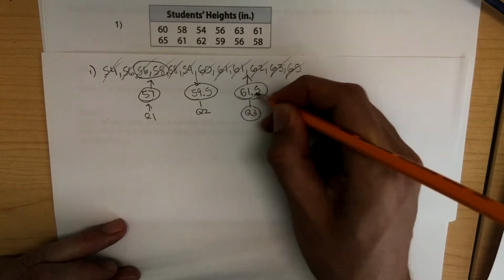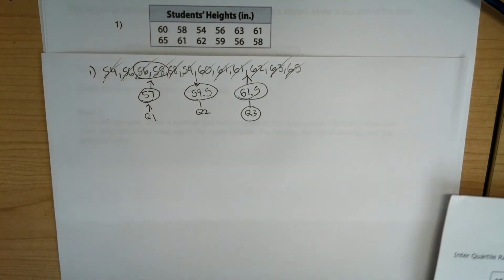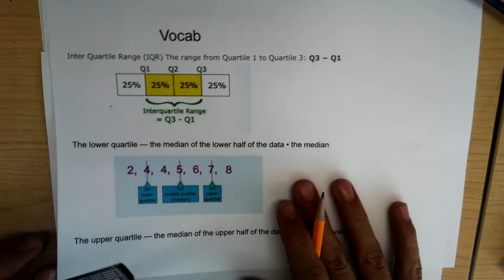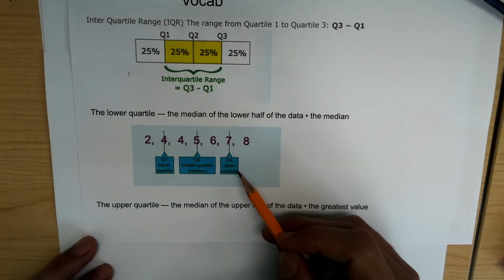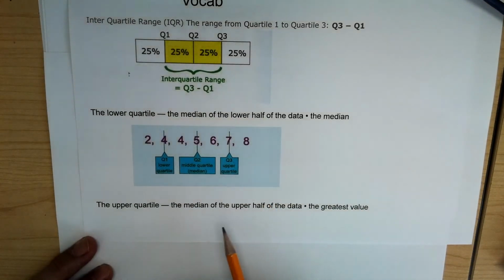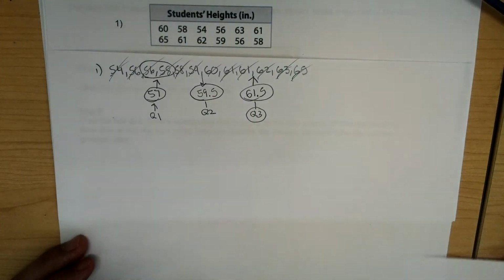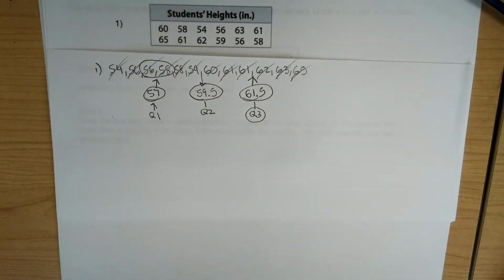And that's Q3. Remember that the Q3 is also considered the upper quartile. It's the median of the upper half of my data. Now that I have my Q1, Q2, and Q3, I can go ahead and create my box plot.